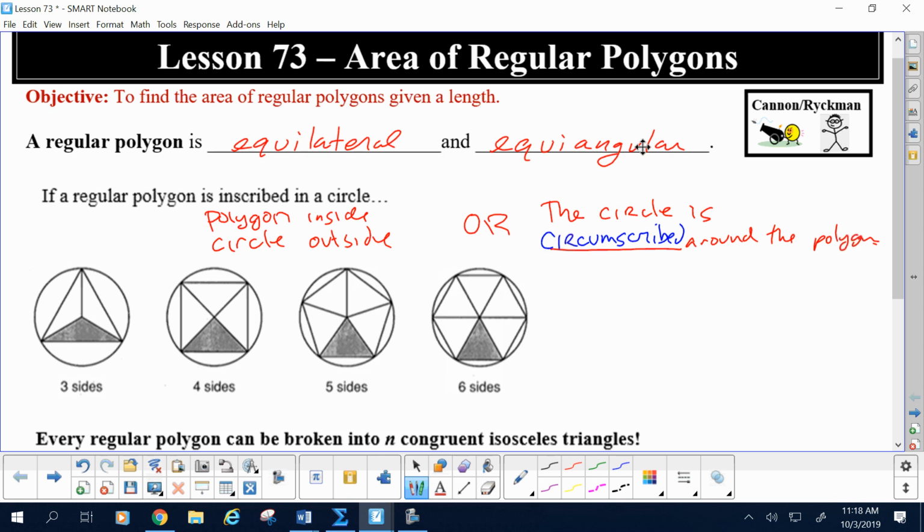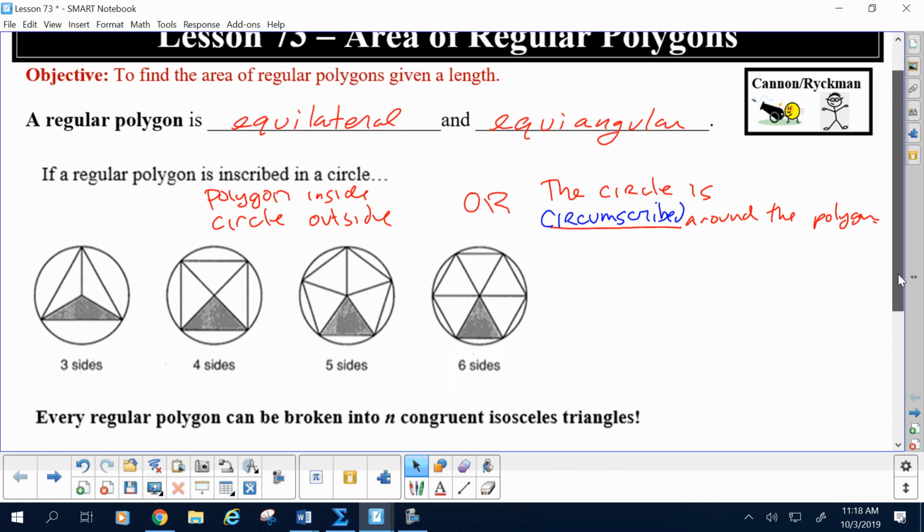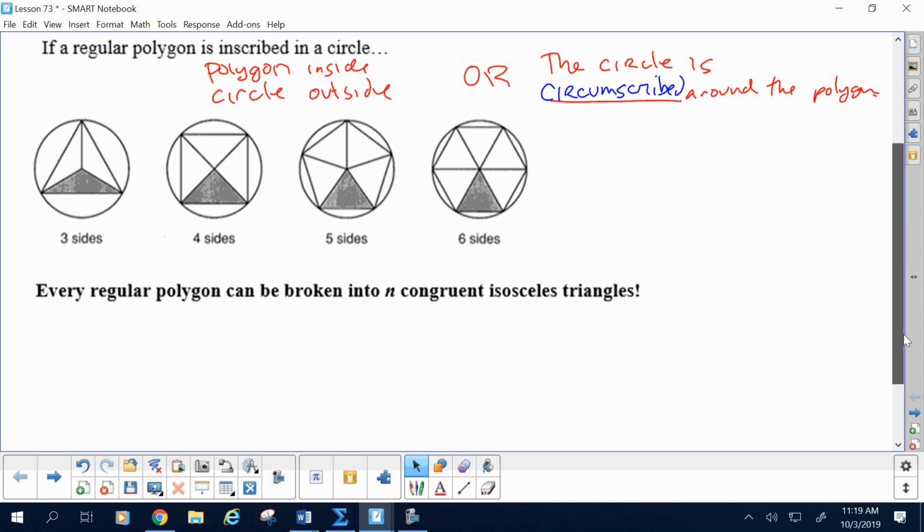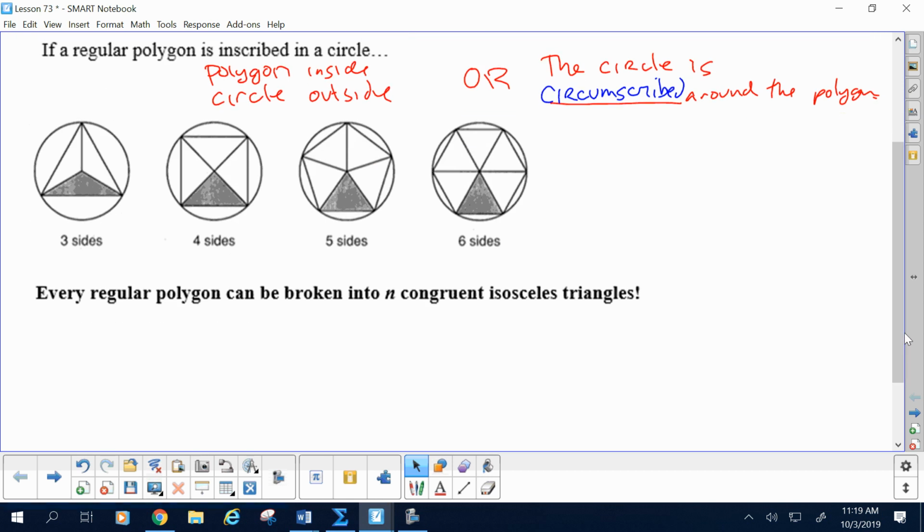Today we're going to talk about how to find the area, not just inside a triangle or inside a square, but inside any polygon. 5 sides, 50 sides, a million sides, whatever. It is always basically the same idea. Every one of these you could break up into isosceles, not equilateral, isosceles triangles.